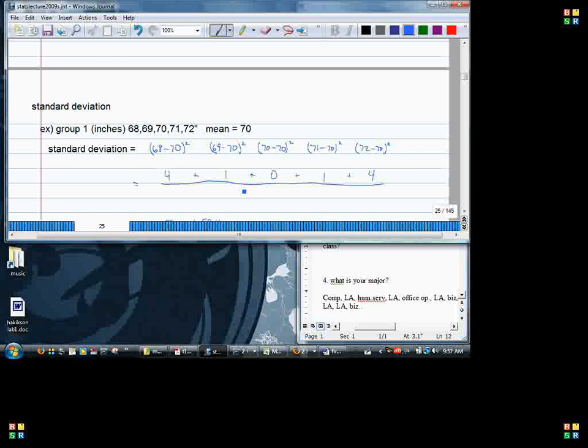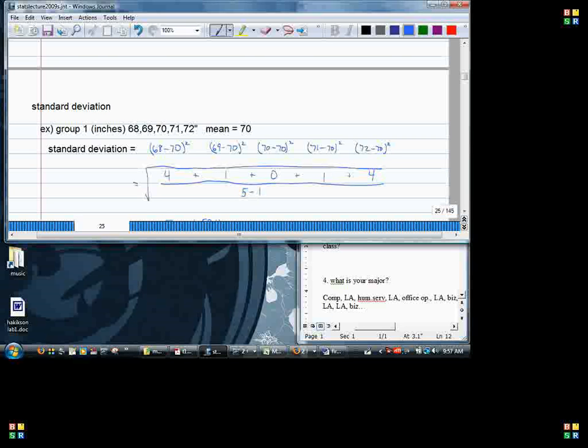And then I'm going to divide by 5, and 5 is the amount of numbers that I have. I'm going to divide by 5 minus 1. I'll explain the minus 1 at some point.